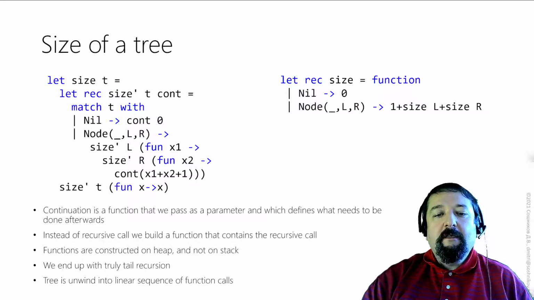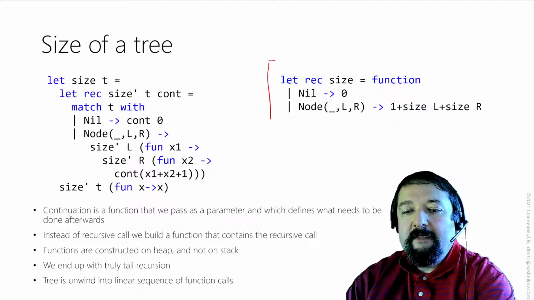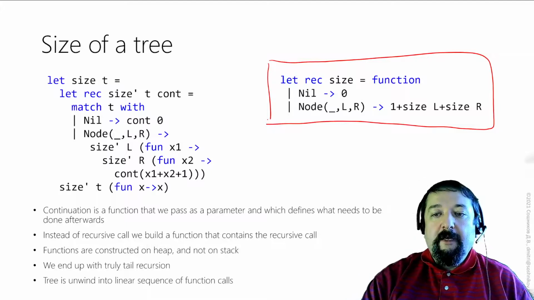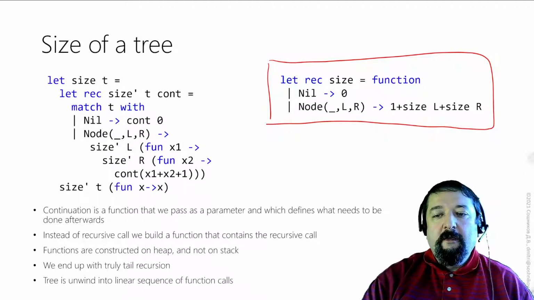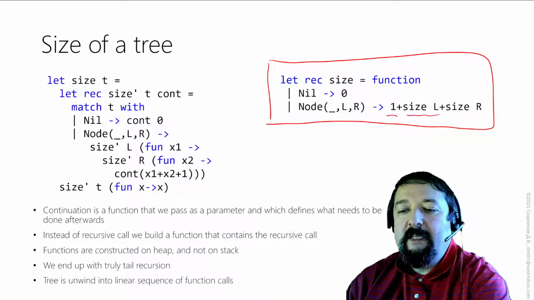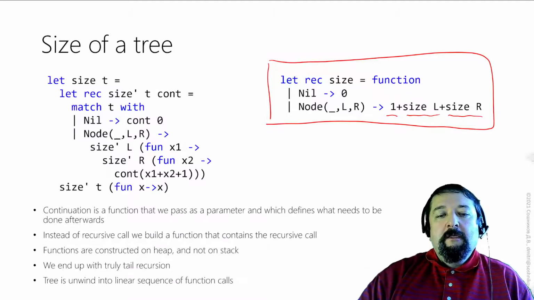So now let's think about the simpler function which calculates the size of a tree. Normally, to calculate the size of a tree, I would use something like this, right? It would be a non-binary, non-linear recursion, and each time I would compute 1 plus size of the left subtree plus size of the right subtree. So with continuations, I would do something similar to lists.